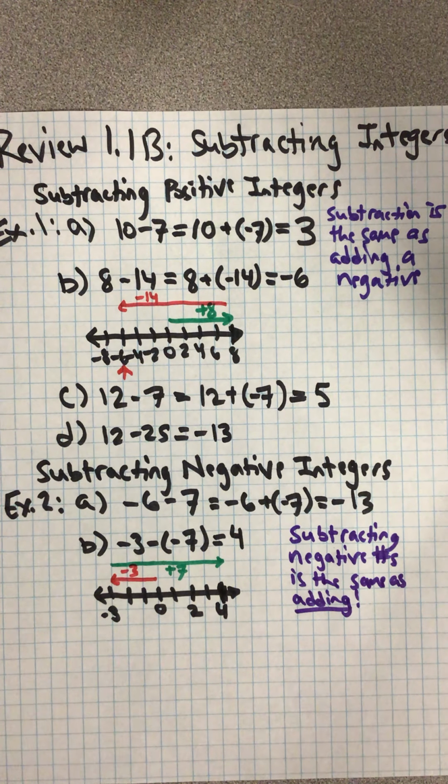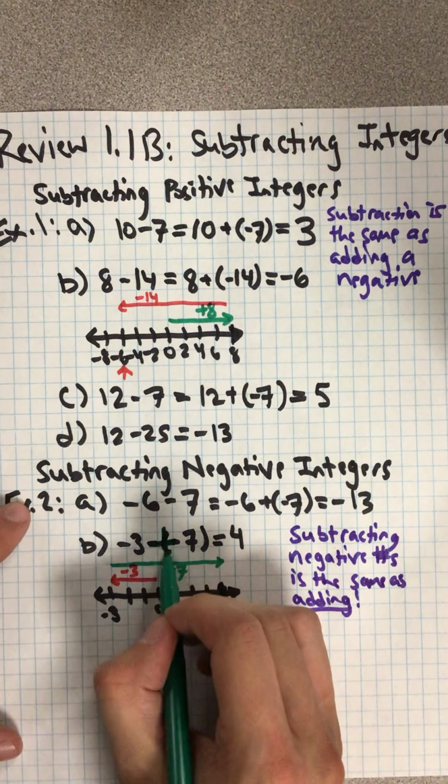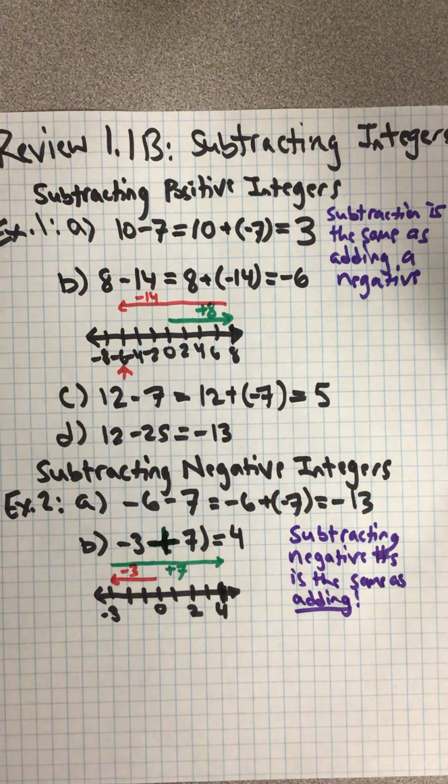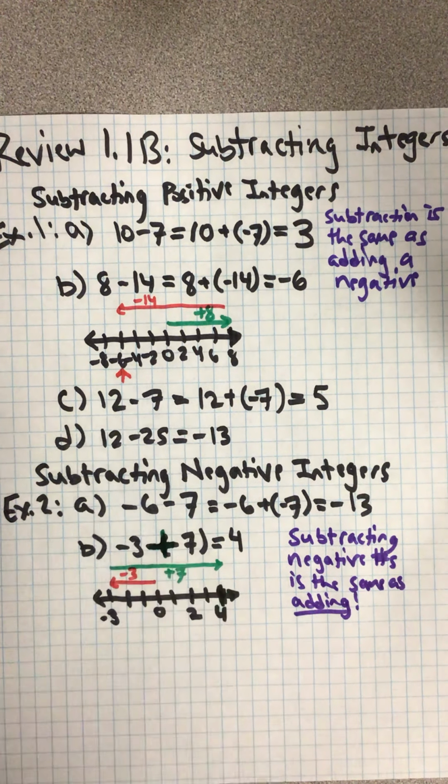So in order to remember that -3 minus -7 is the same as adding, you can just draw in a big old fat plus sign there. And that will help you remember, oh, the 2 negative signs in the parenthesis look kind of like a plus sign. So -3 minus -7 is actually -3 plus 7, which goes perfectly with the diagram that I've written here and also clearly tells you the answer is 4.